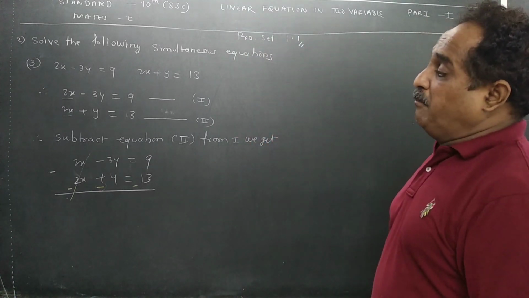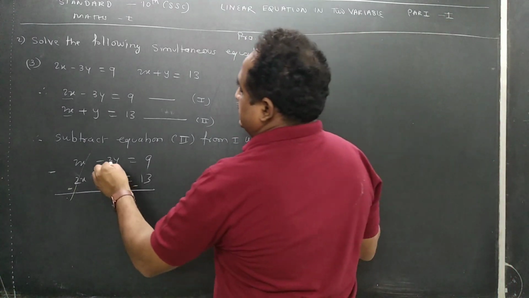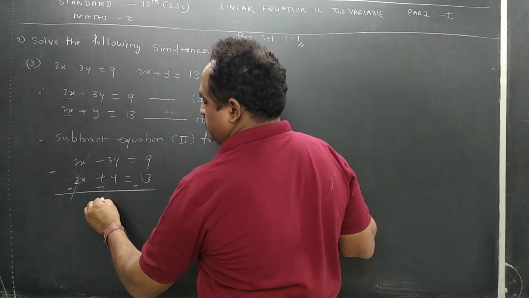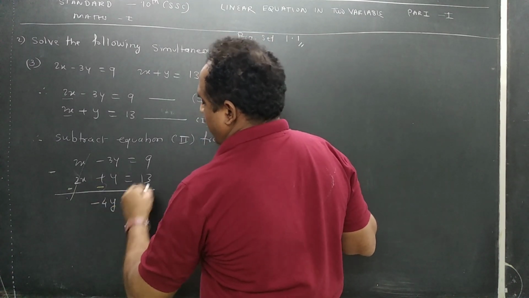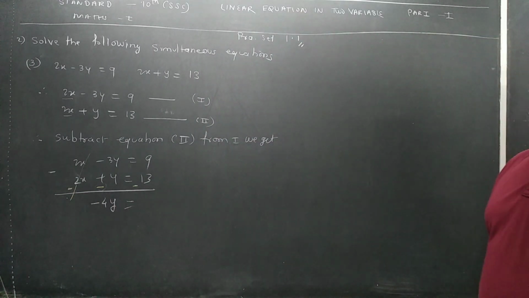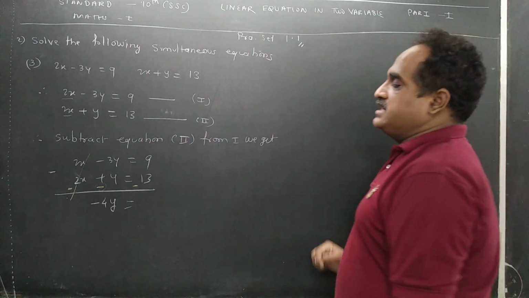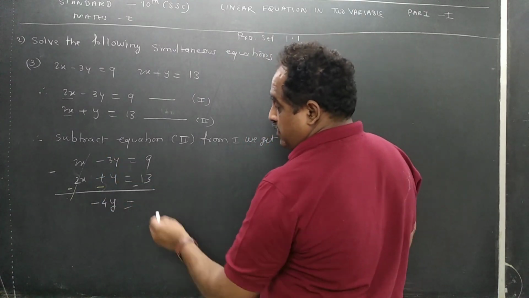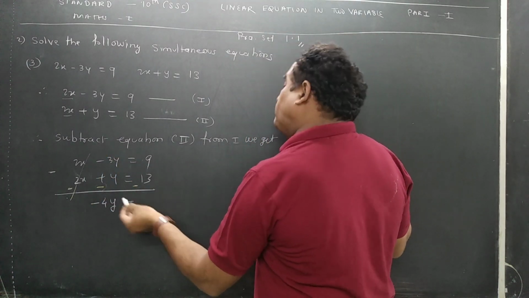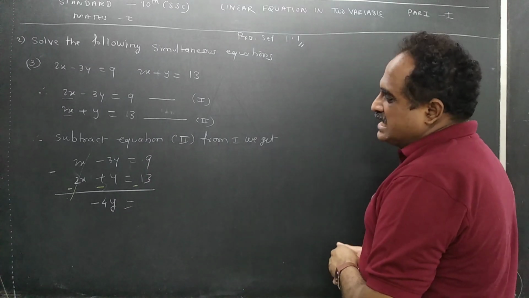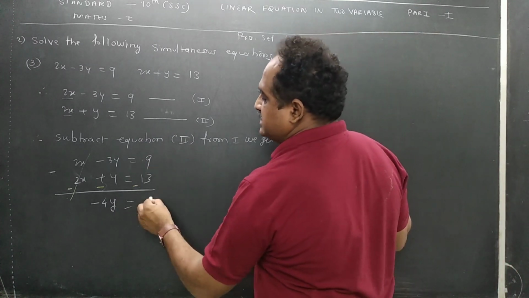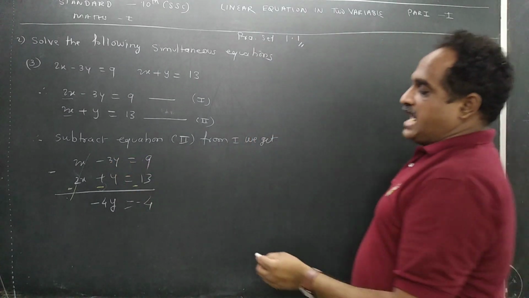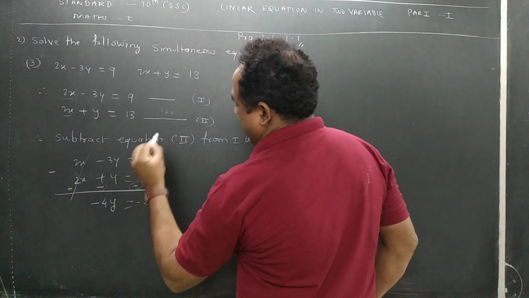Minus minus plus. So minus 3y minus 1y will become minus minus plus, what we got? 4y. Minus 3 plus minus minus plus 3 plus 1, 4. Now you are seeing it is plus, it is minus. Plus minus minus 13 minus 9 is 4, but you give the sign of the greater number, and the sign of the greater number is minus.